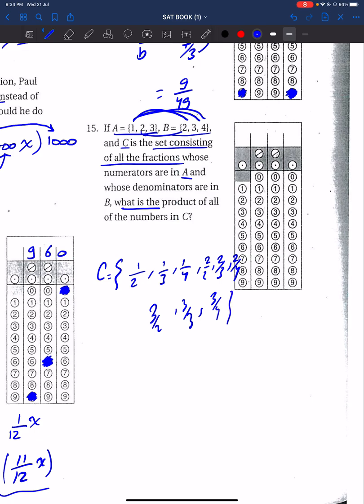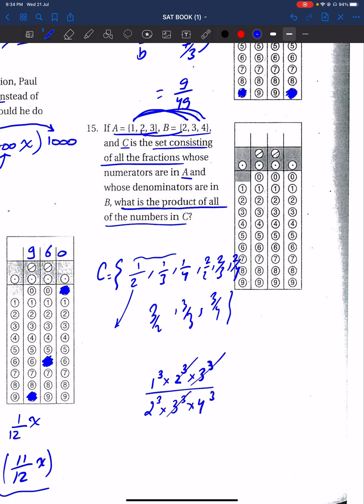Accordingly, what we are asked to do is to find the product of all of the numbers in C. So, if you notice, each numerator is repeated 3 times. So it's 1 power 3 times 2 power 3 times 3 power 3 divided by the denominators, which are also repeated 3 times, which is 2 power 3 times 3 power 3 times 4 power 3.